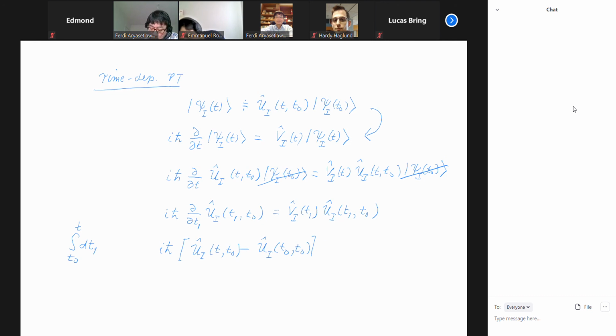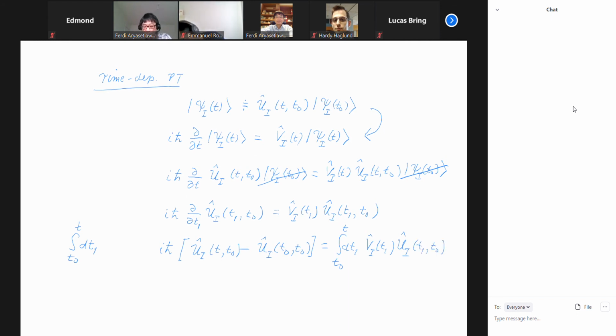On the right-hand side is the integral from t0 to t of dt1 of this quantity, which I cannot do anything about because I do not know what the potential is. That's an arbitrary potential.